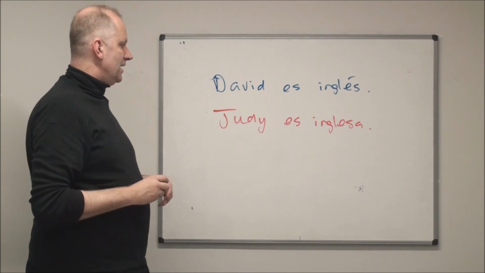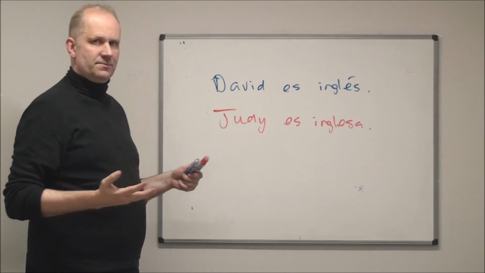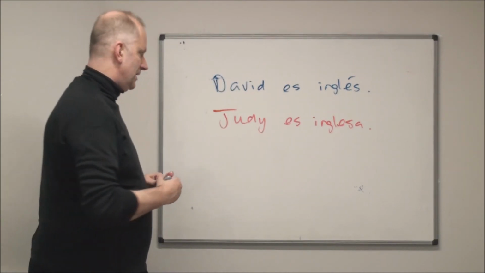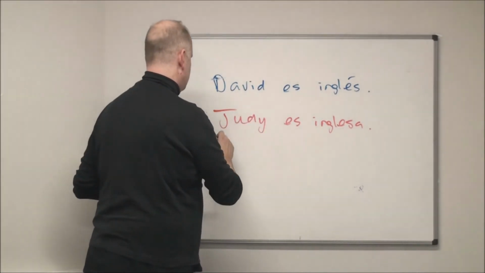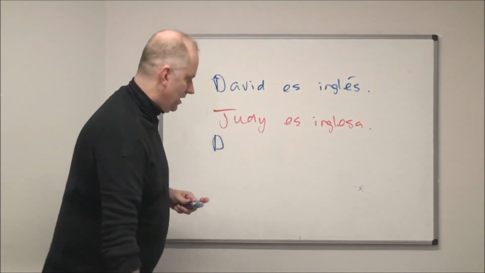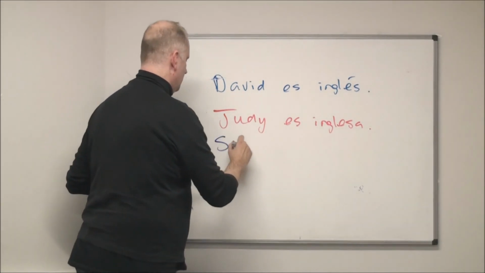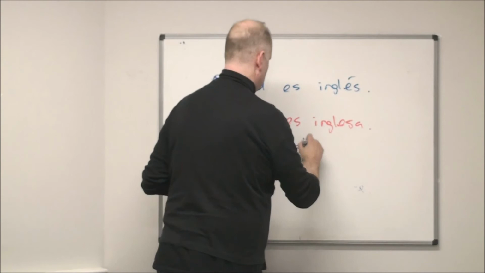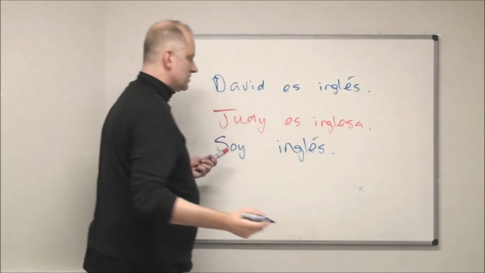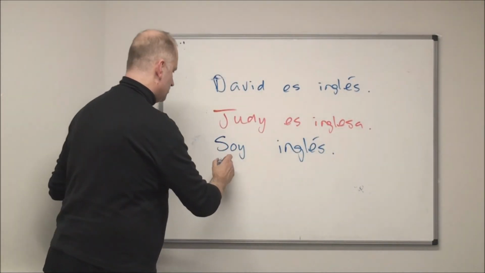When you describe where somebody's from, for example, I could say for myself, soy inglés, so I'm English. I could also say I'm from England, so I could use the country.